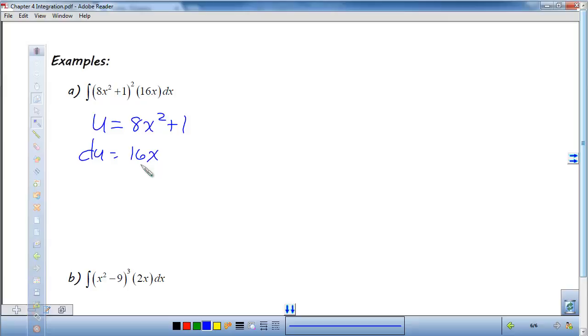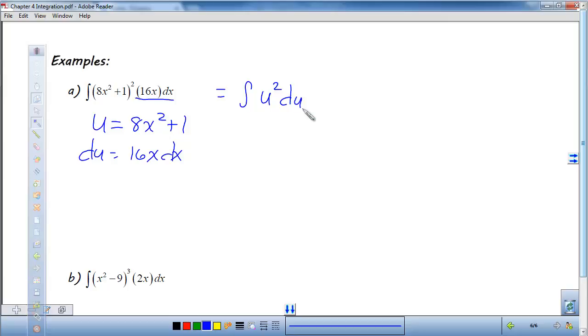So I can rewrite this integration problem as u squared, because my u is 8x squared plus 1, and then we squared that, and then let's not forget this part, 16x dx. So we get du equals 16x dx. That's what I have right here.